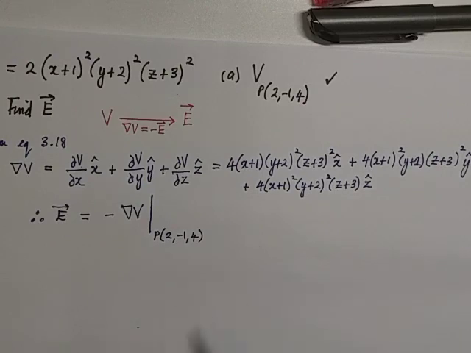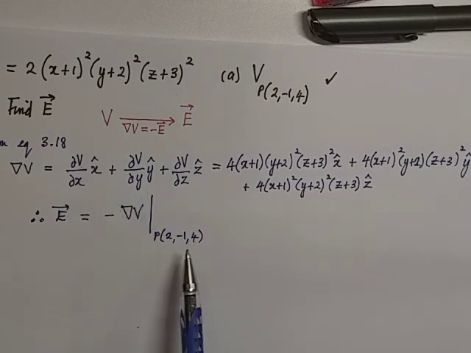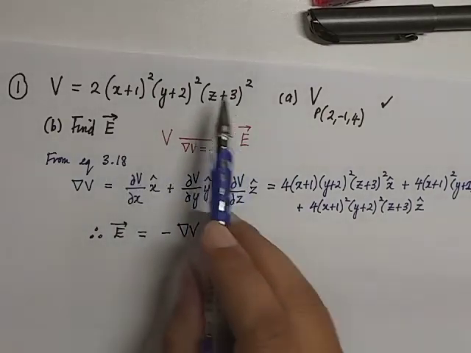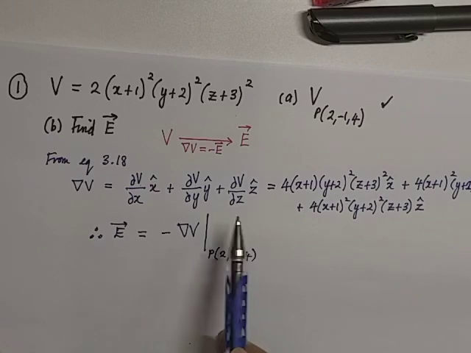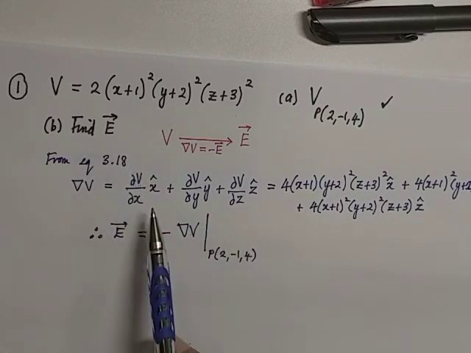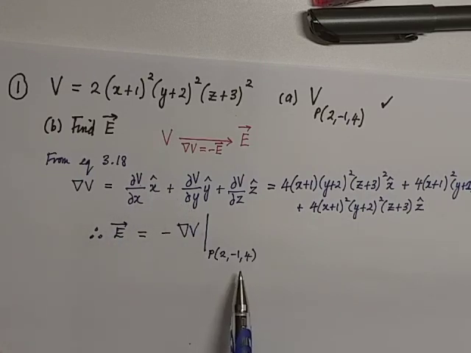Therefore, you're going to obtain the solution. You need to differentiate first, then only substitute. You cannot substitute and then differentiate, because when you substitute, it becomes a constant, and when you differentiate, the result is going to be 0. So you must differentiate V first, and after that substitute the position P variables.